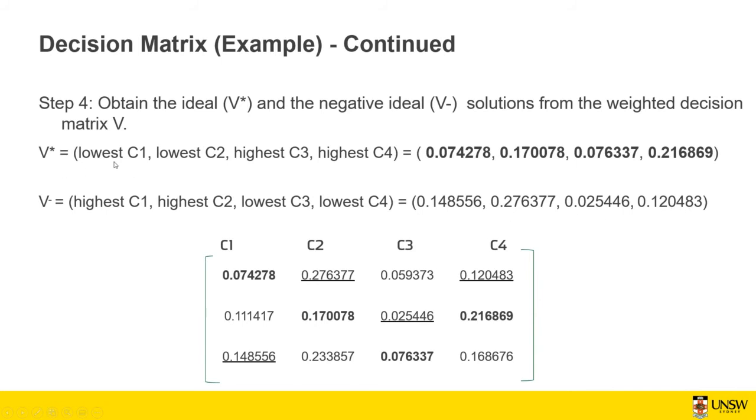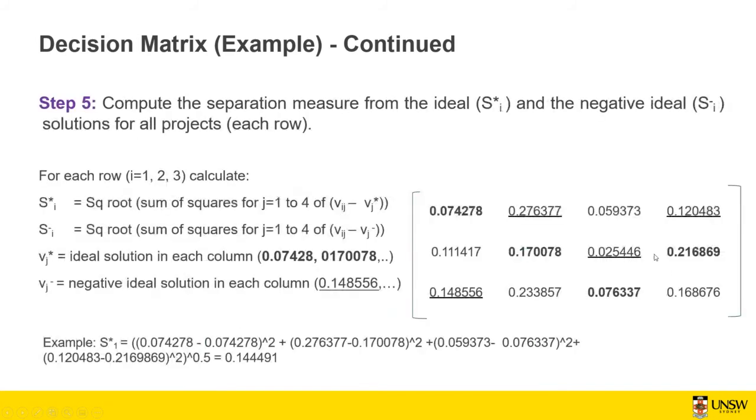So now we have the ideal solution, V star, and the negative ideal solution. Why do we need those solutions? Let's see how we are going to use them in the next step. In the next step, we are going to compute the separation measures from the ideal and the negative ideal for all projects.